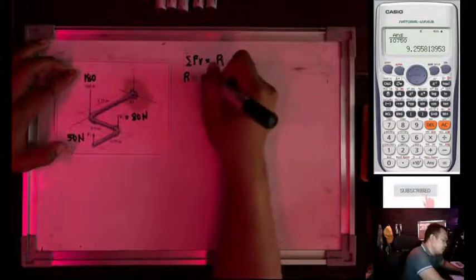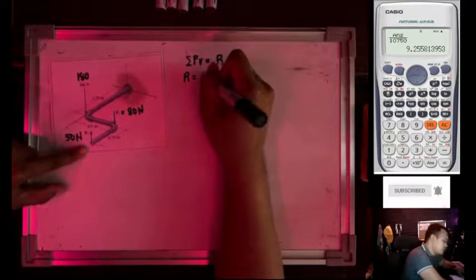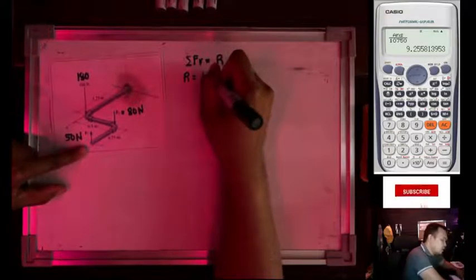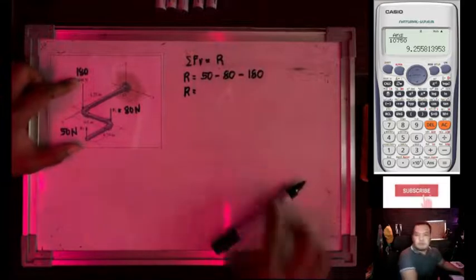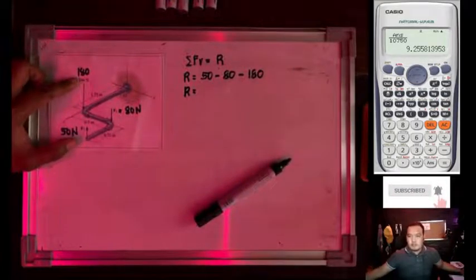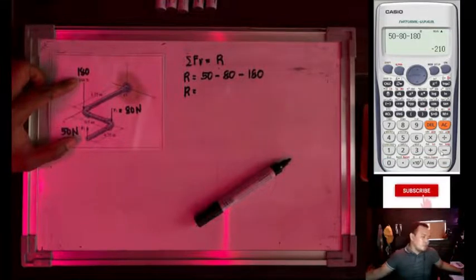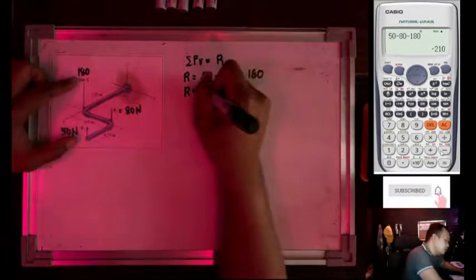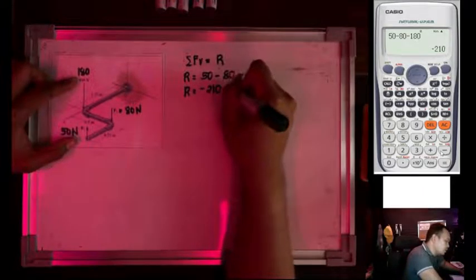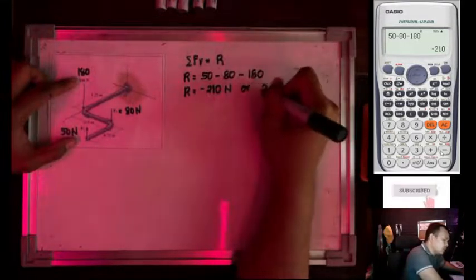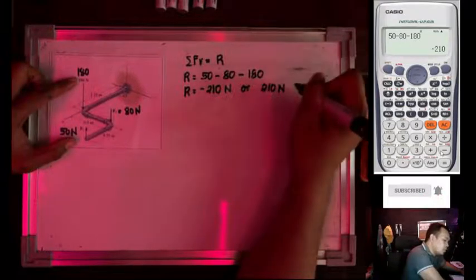So we have here 50 going up, itong nandito, minus itong 80 going down, minus yung 180 na going down. So resultant is equivalent kay 50 minus 80 minus 180 equals negative 210 Newton, or let's say na 210 Newton downward naman tayo.